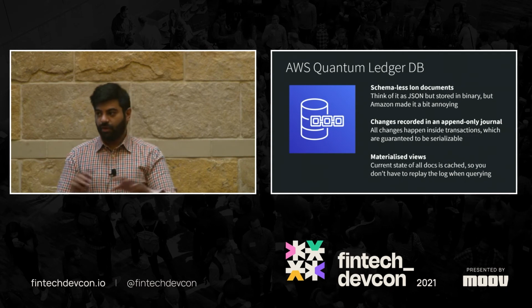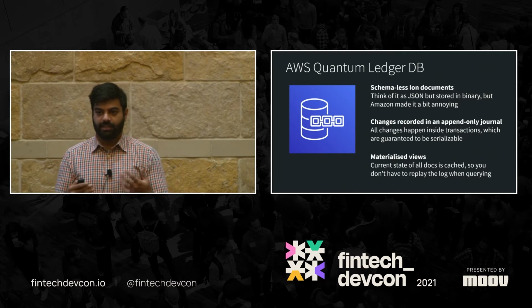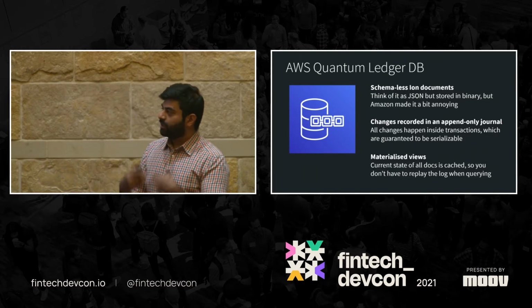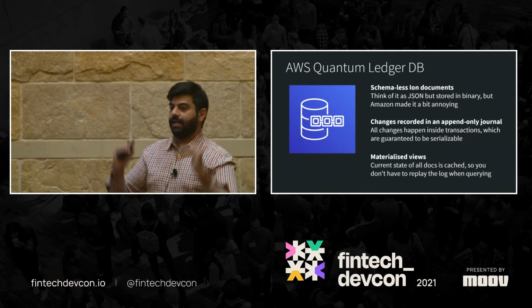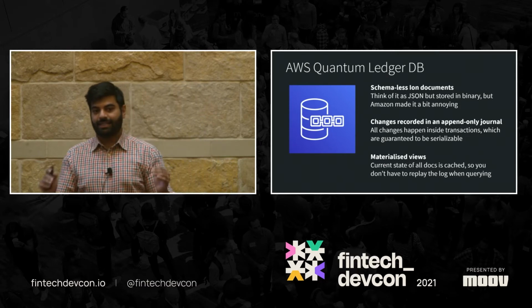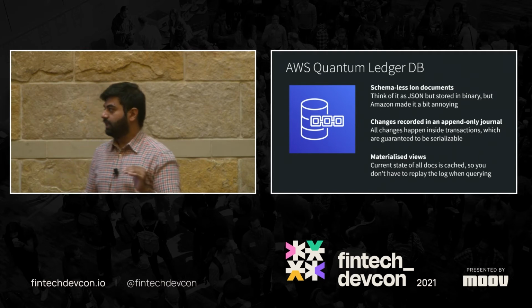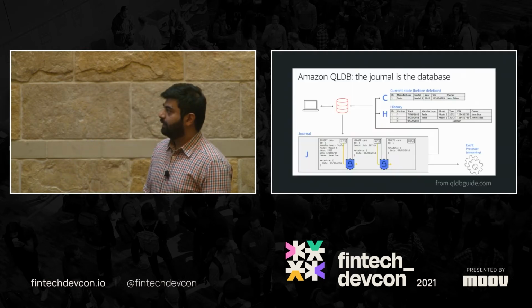You'd only ever know that all of these databases are implemented as log files if you were building them or trying to synchronize them across different clusters and that sort of thing. QLDB takes the idea of the log file and pushes it up to the API level. It gives you access to that journal and says the journal is the most important thing.